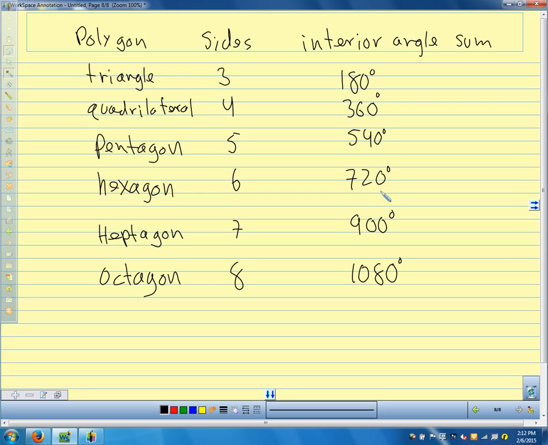Is 12 sides a dodecagon? Dodecagon. How about 20 sides? That one has a special name. Starts with an I. Icosagon. Other than that, we just call them 13-gons, 17-gons. But some of them have special names.